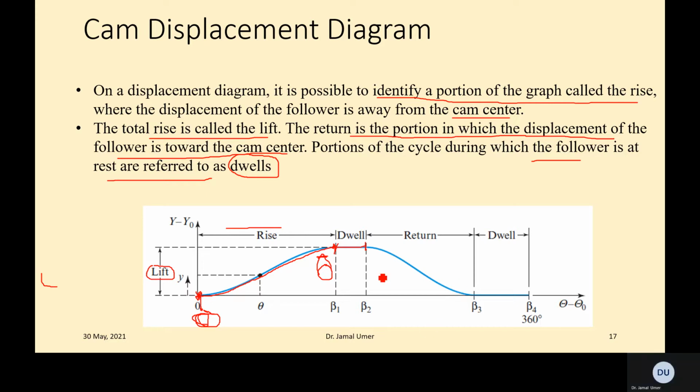We have one dwell after the rise, where the follower stays at one position, then it returns, and then there is a dwell portion where the follower is closest to the cam center.